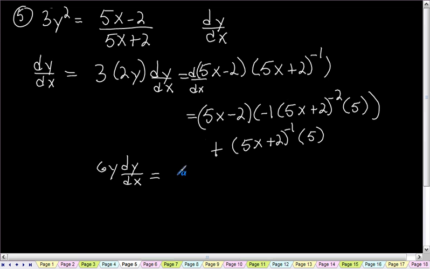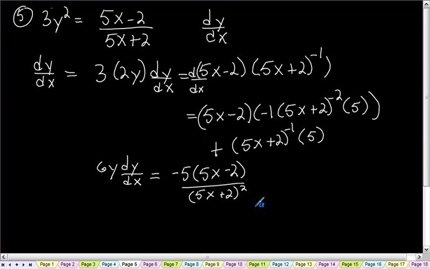This side is, multiply all the way across, it's negative 5. The front is 2 in parentheses. And then for this part it is negative 2. So on the bottom, 5x plus 2 to the second power.